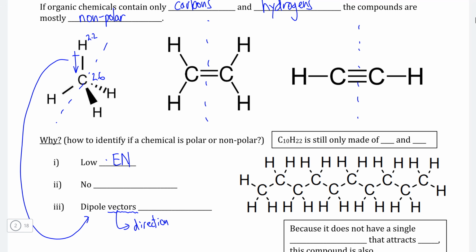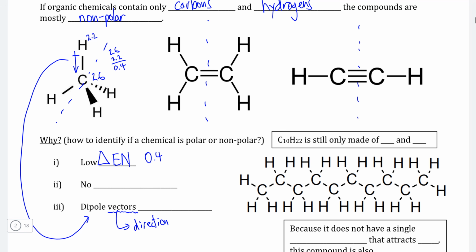Now, how much are they moving? Well, the answer is actually not very significantly, which we can find by looking at the difference in electronegativity between carbon and hydrogen, and we can see if we do 2.6 minus 2.2 that this comes to 0.4.